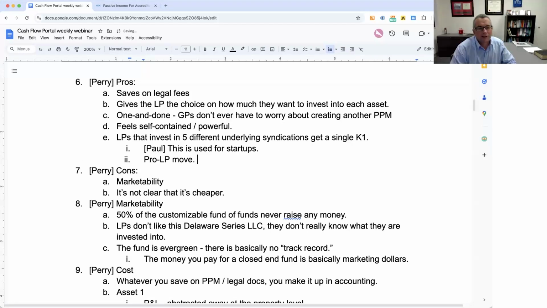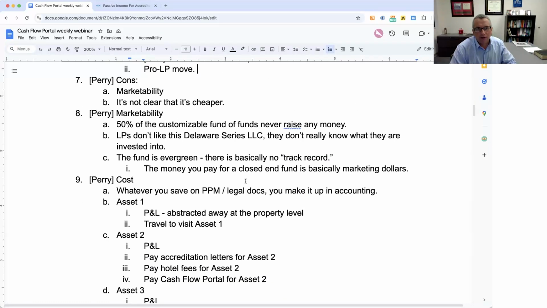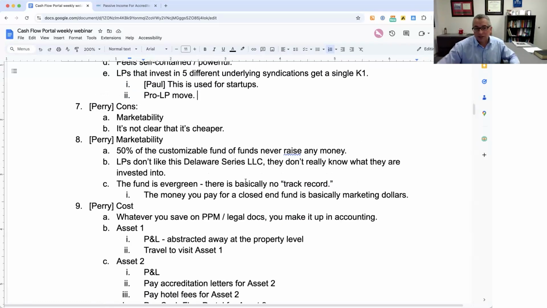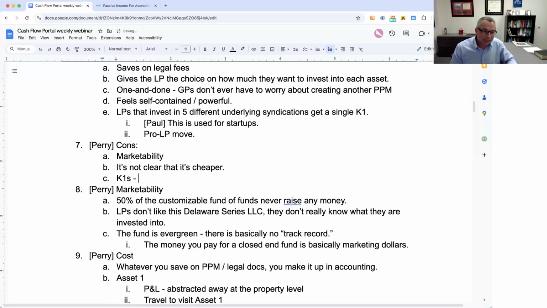That makes sense. Now I'll say the downside is that in order to produce that single K1 at the end of the year, all of the portfolio companies, or in your case, all the properties, would have had to have done their accounting, right? One property or one investment can hold up the entire K1, not just for that one investor, but for all of the investors.